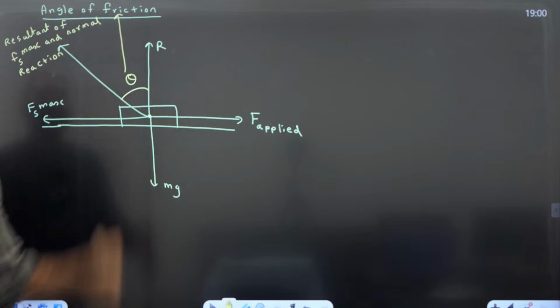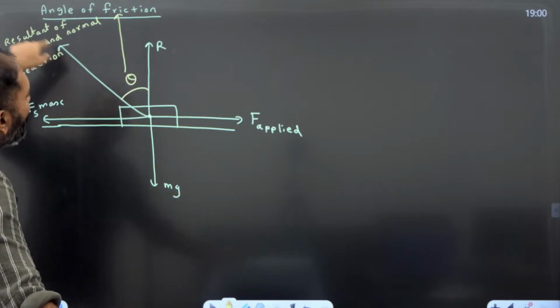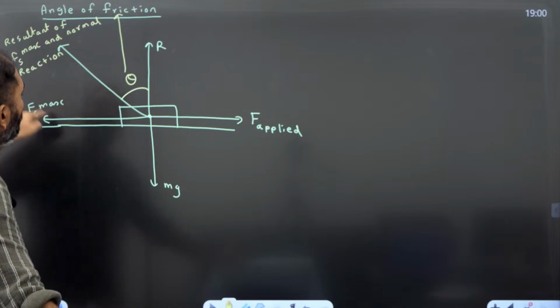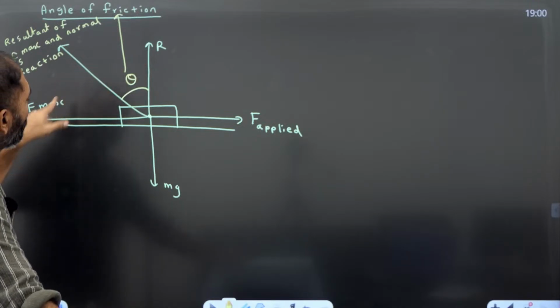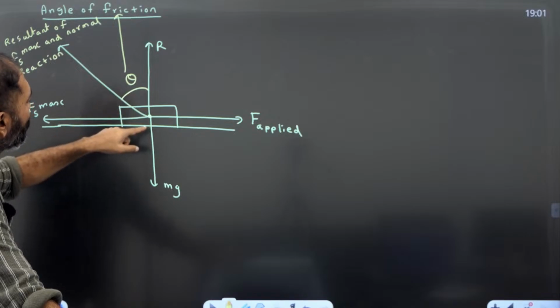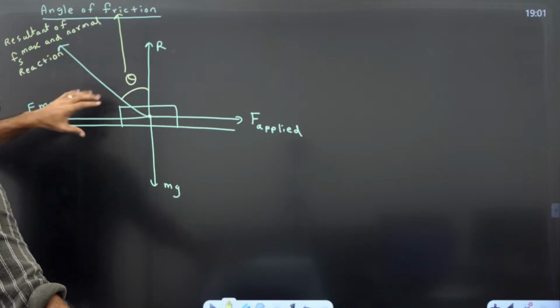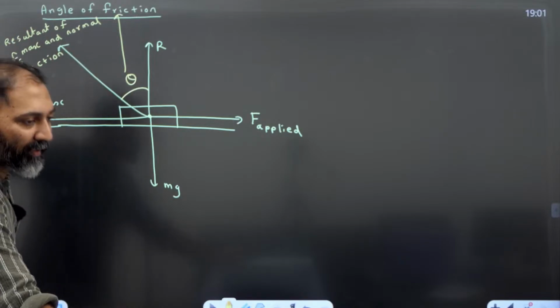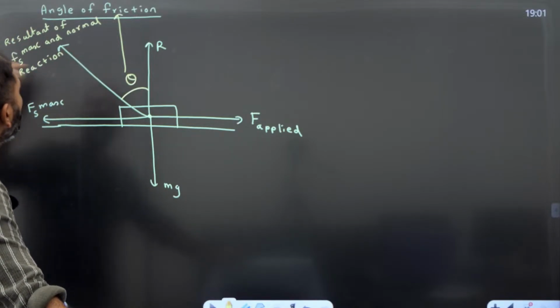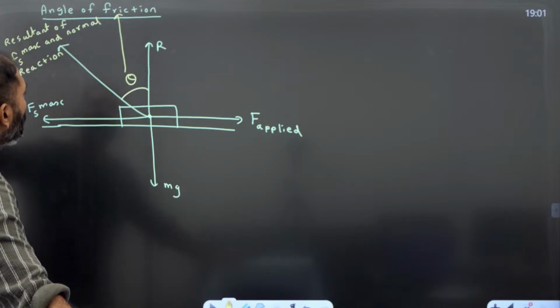Why is this the resultant? Because we have already seen the parallelogram law of vector addition. If two vectors are represented by two adjacent sides of a parallelogram drawn from a common point, then the resultant will be the diagonal of the parallelogram drawn from the same common point. So this diagonal is the resultant of Fs max and normal reaction.